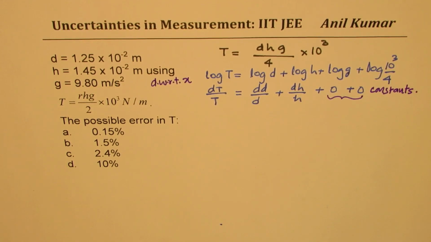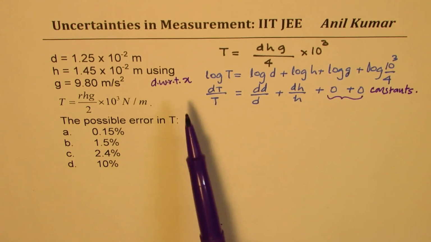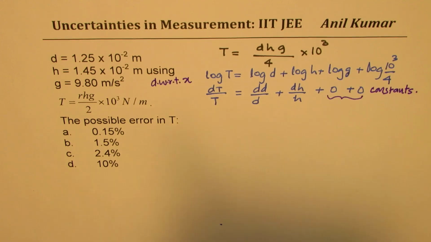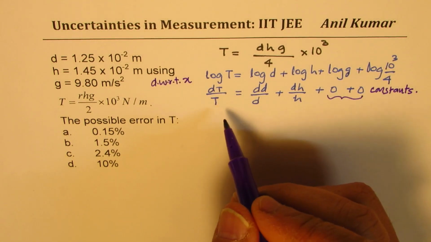Correct? So that is what it is. And now, since we want to find the possible error, it's always the percentage error which we are looking into. So what we do after this stage is that we just multiply each by 100.